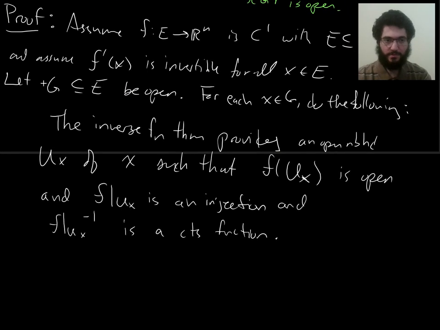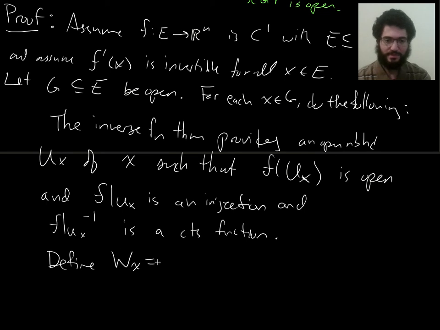Okay, now u sub x intersected with G, I can show has open image under f. So let's define, how about W?